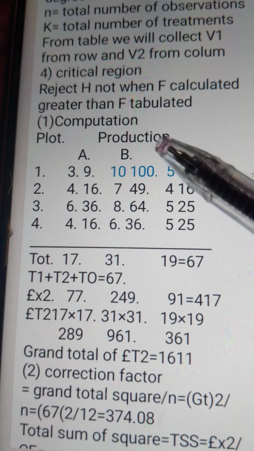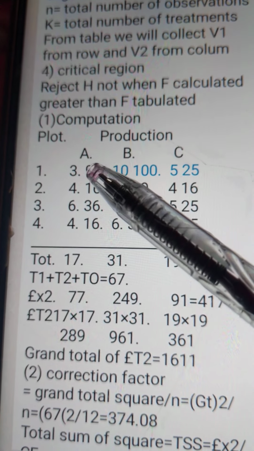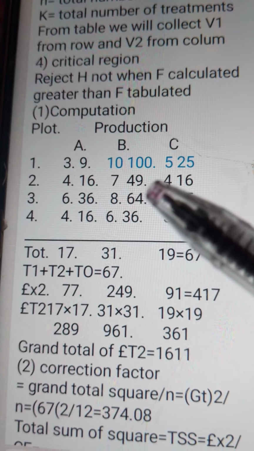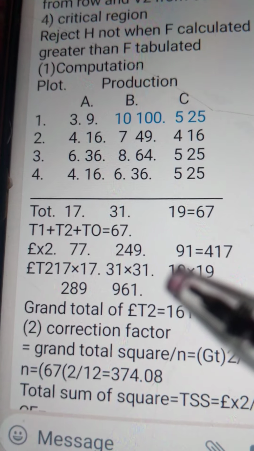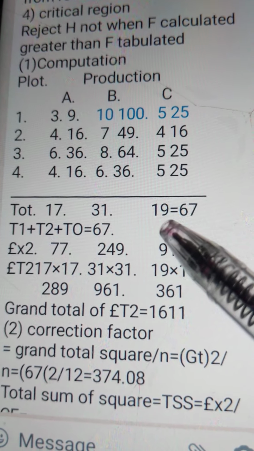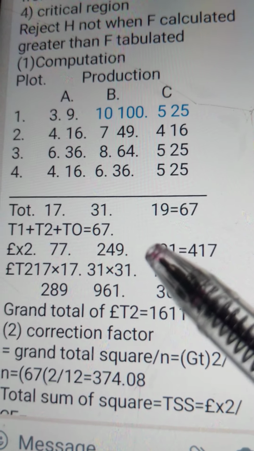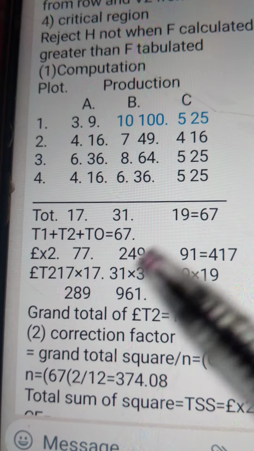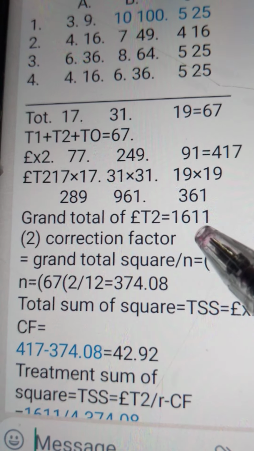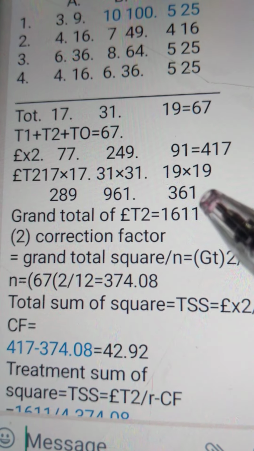Students, by computation, these are the plots, these are fertilizers A, B, and C. By calculating them, the values we get are as follows: 1731, total 61, then grand total 1611.